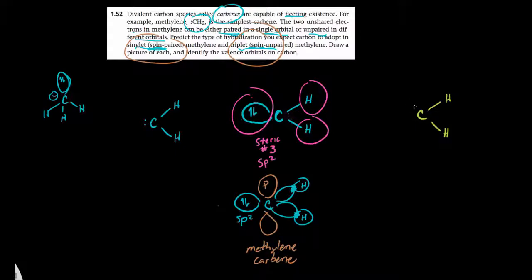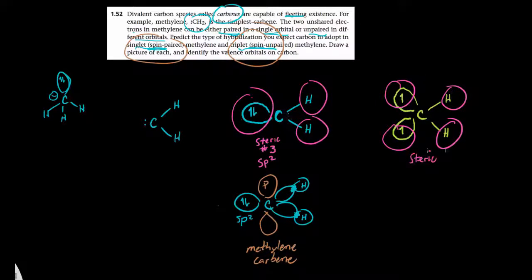And so we'll put one in one orbital and another in another orbital. And those have the same spin. If they're in different orbitals, that gives them their own individual status when you're talking about steric number. So let's count the steric number here. This one, this one, this one, this one. Now you have 4 things attached.